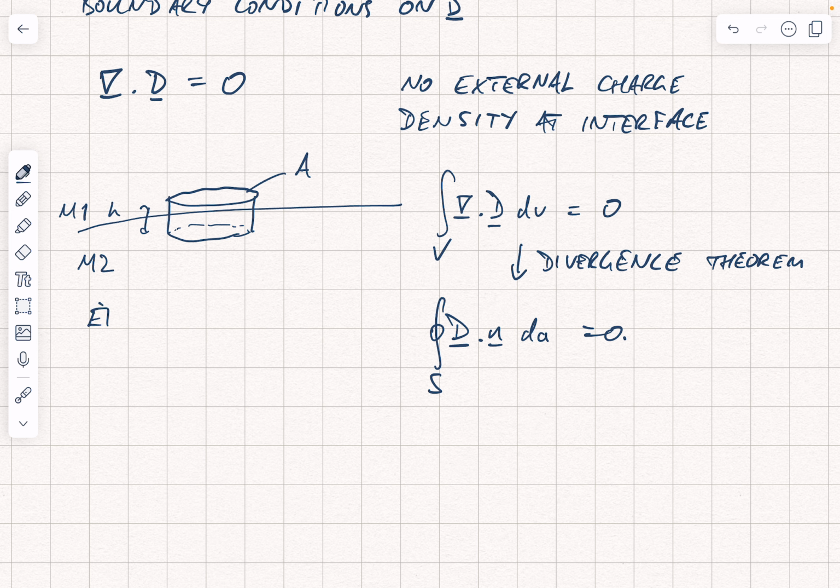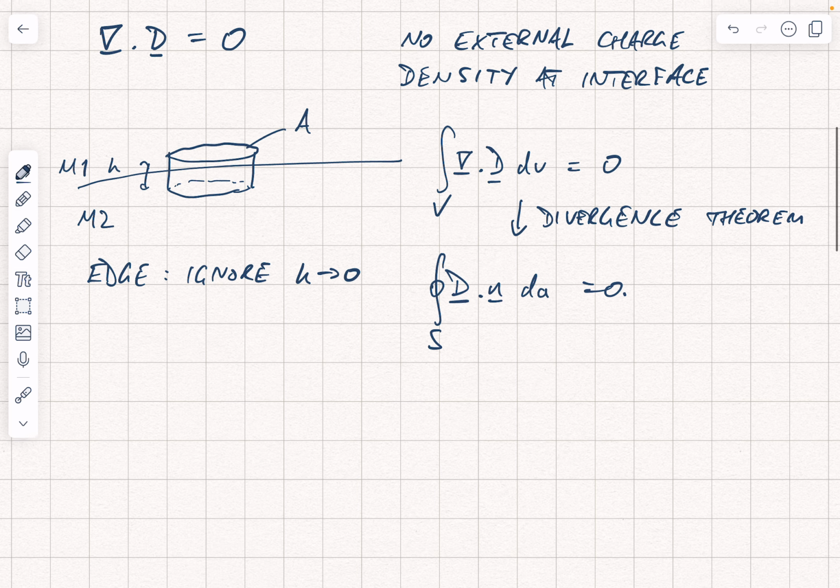So we're going to ignore the edge because we will allow H to tend to 0. In other words, we're just going to enclose the interface in our integration volume, and therefore we can discard any contribution from that side wall of the cylinder.